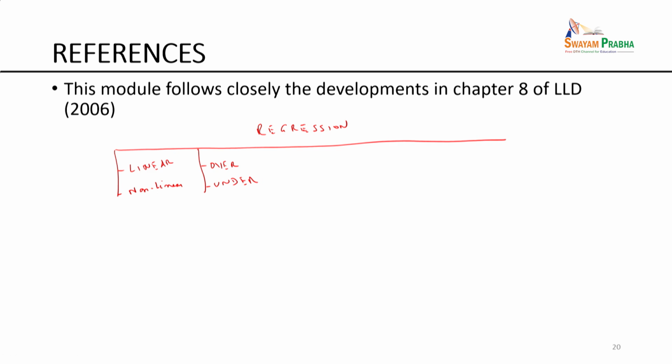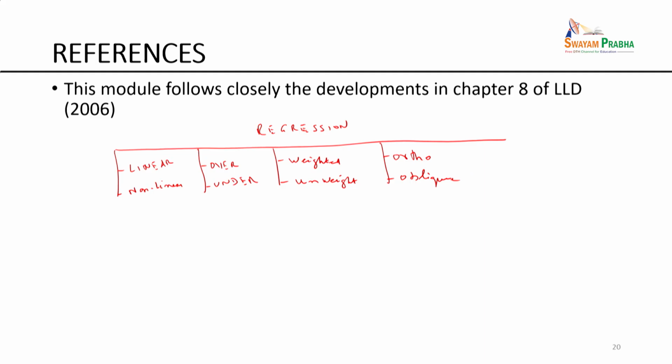It can be overdetermined, it can be underdetermined, it can be weighted, it can be unweighted. We talked about orthogonal projection and oblique projection.